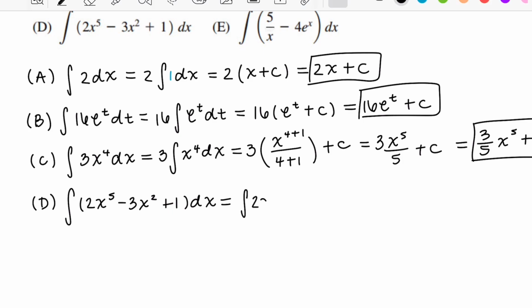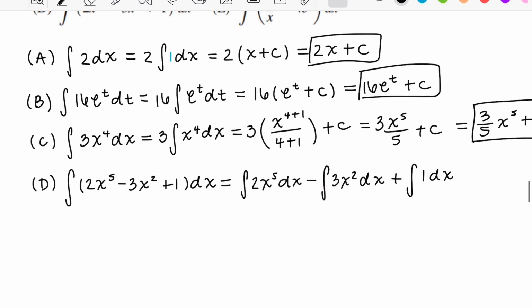So we have the integral of 2x to the 5th with respect to x, minus, so we're taking the difference of this guy, the integral of 3x squared with respect to x, plus the integral of 1. Alright, so what we can do here, this first guy, is pull this constant out, and we're left with this.